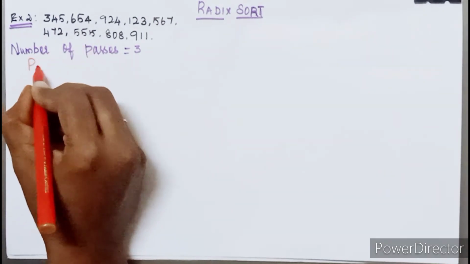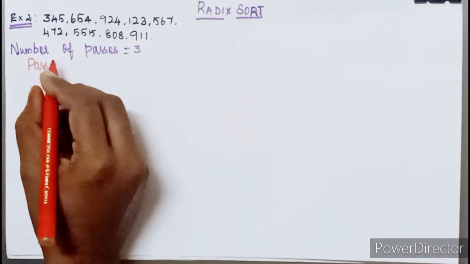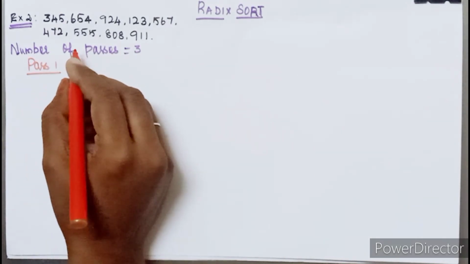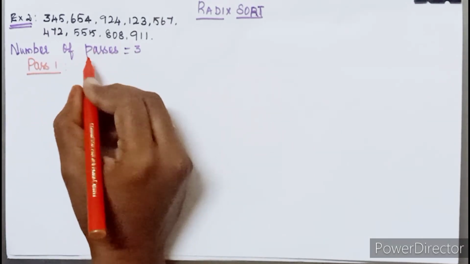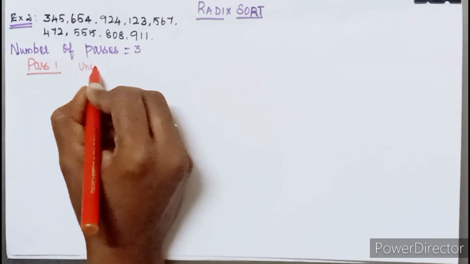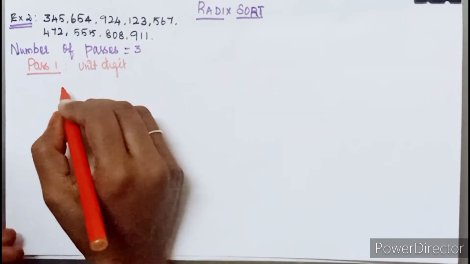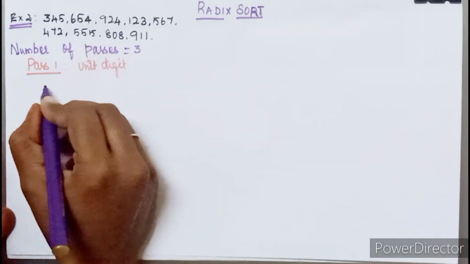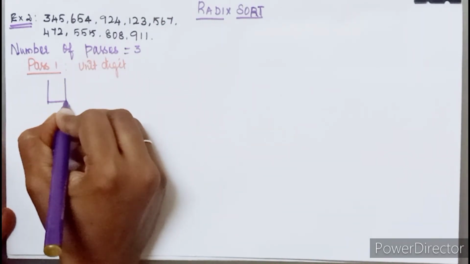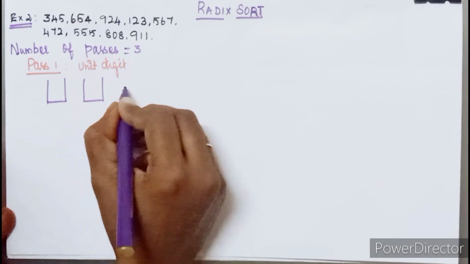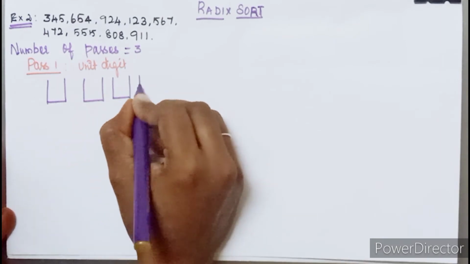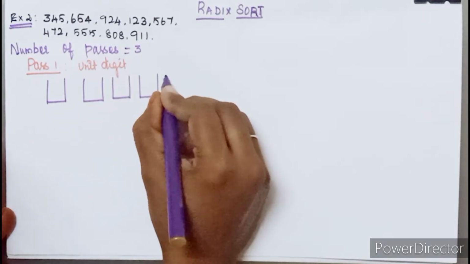In the first pass, we have to check the unit digit. We have to take buckets from 0 to 9.